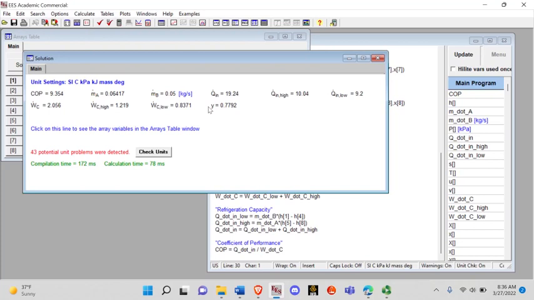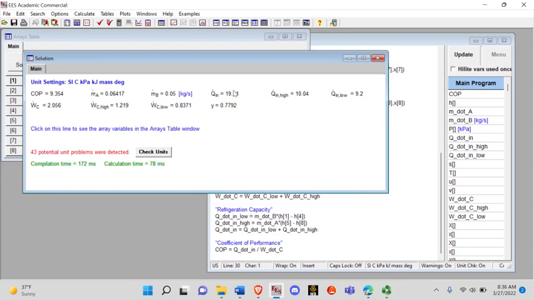So our ratio of mass flow rates was 0.7792. See, when we did that mass flow rate ratio, we have our known m dot B. Our m dot A was determined to be 0.06417 kilograms per second. Our heat into the high system is 10.04 watts. Q dot in low is 9.2 watts.